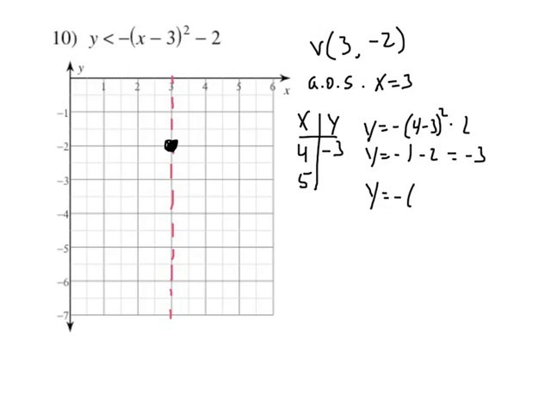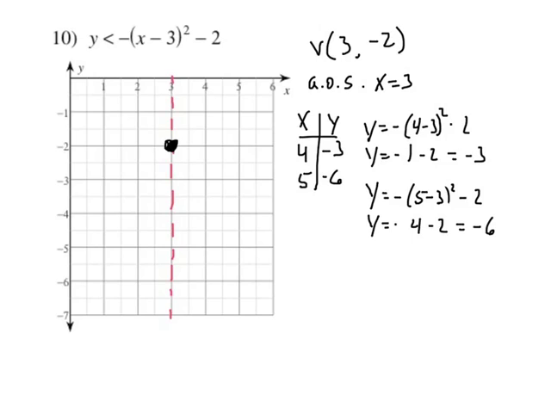Y equals negative 5 minus 3 squared minus 2. So 5 minus 3 is 2. 2 squared is 4. So I have y equals negative 4 minus 2, which is negative 6.